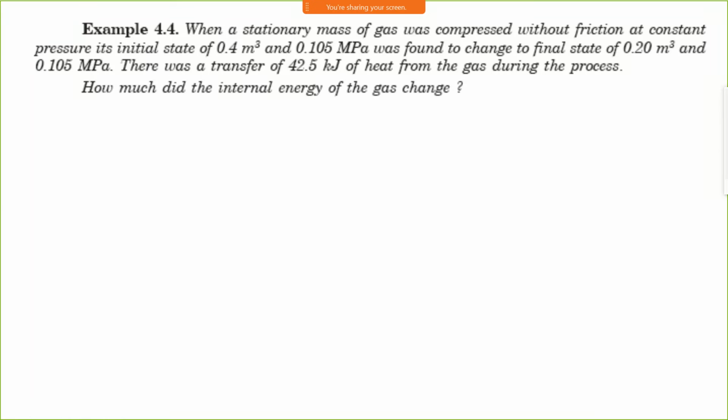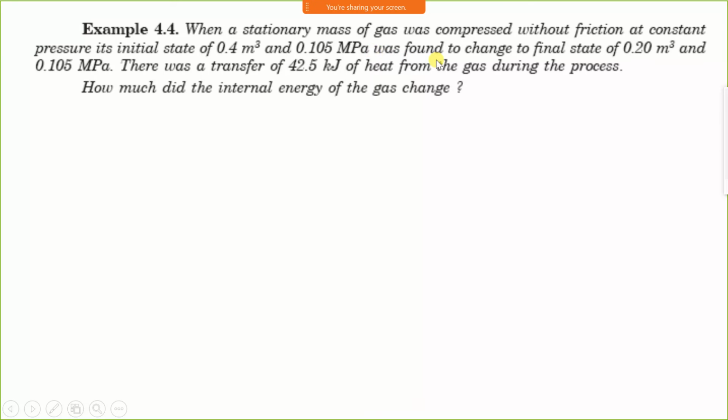Next problem. When a stationary mass of a gas was compressed without friction at a constant pressure, its initial volume was 0.4 meter cube and pressure was 0.105 megapascal.